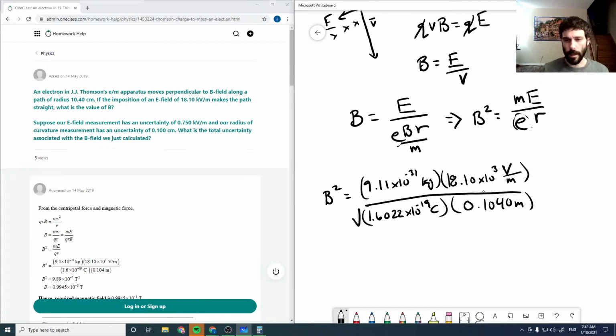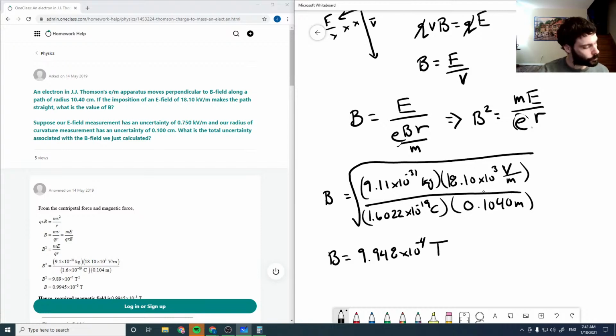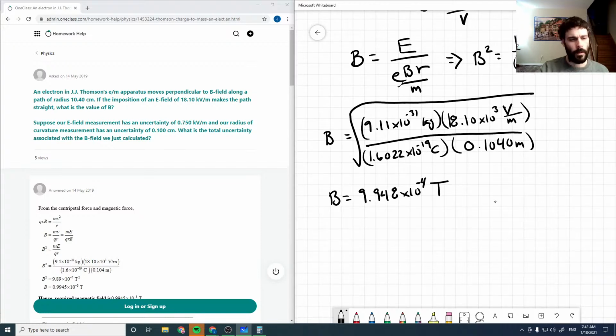And so our B is actually the square root of all of these. And so our B is 9.948 times 10 to the minus 4. And if we do work out the units there, it will be Tesla. And so that's our B field.